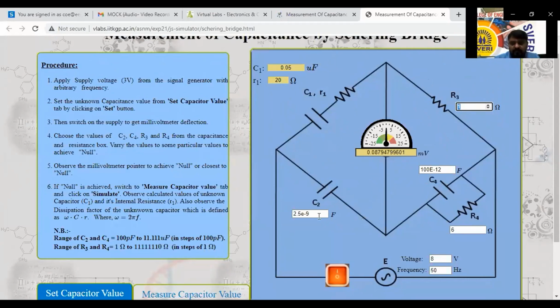How to increase the resistance here. Sometimes it is increased, sometimes it decreases.